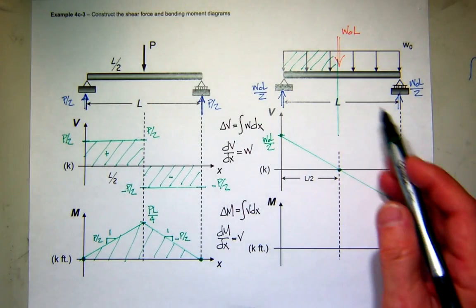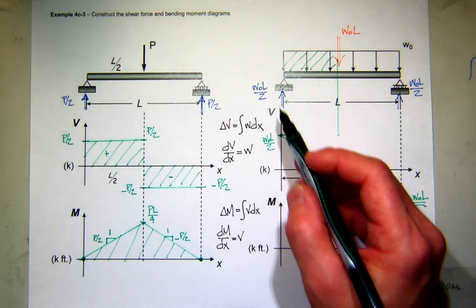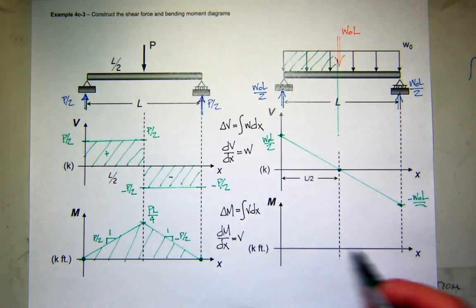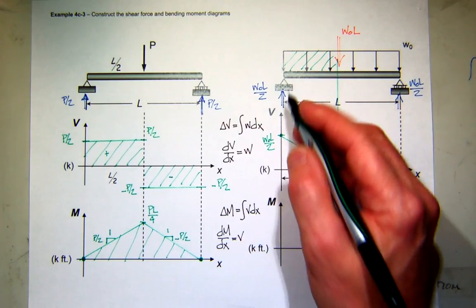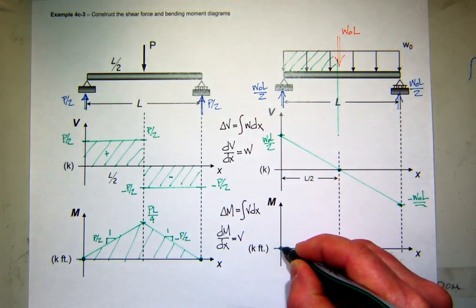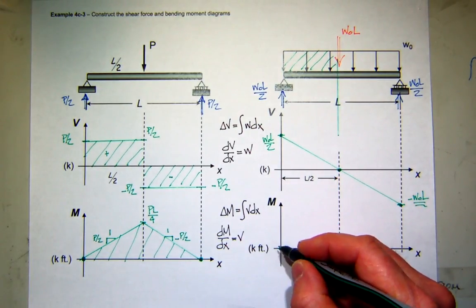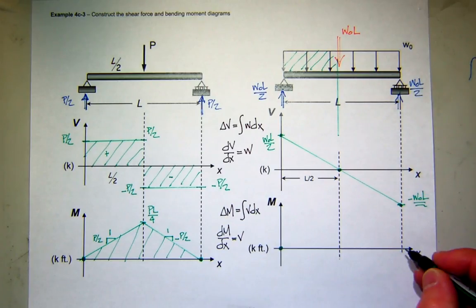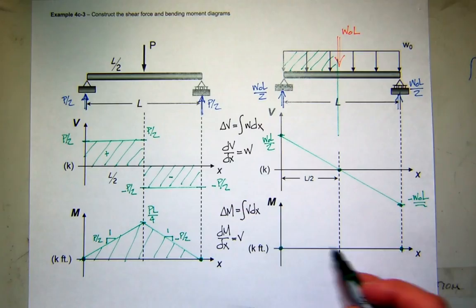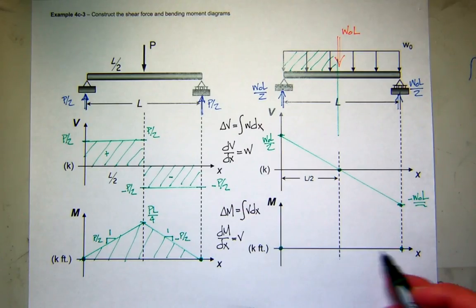So what about the moment? Well, again, starting at the left-hand side, we like to go left to right. So left-hand side, what's the moment here at the pin? I think that's 0. And the right-hand side? Also 0. I know the change in moment, it's not a flat line, is it?